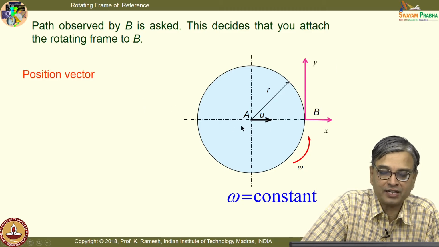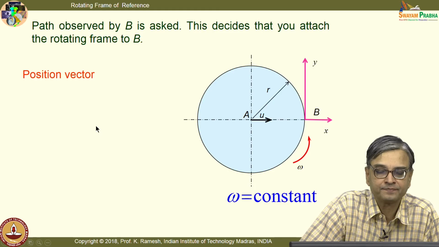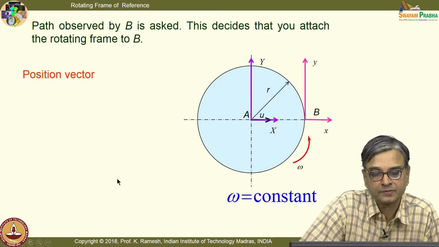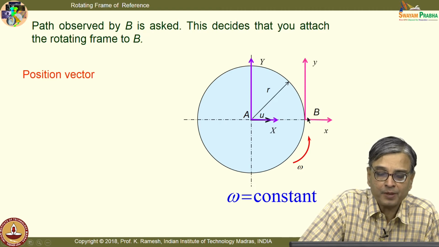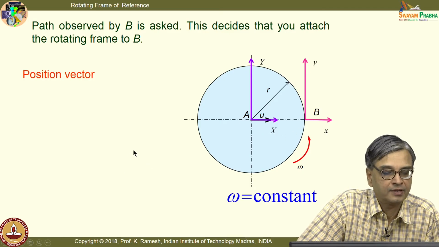So, I have the rotating frame attached to the point B, and you have a fixed frame attached to the center, and it is given in the problem statement to make your life simple. A person sitting in the rotating platform would observe a constant velocity u, and we will also have to get the position vector.